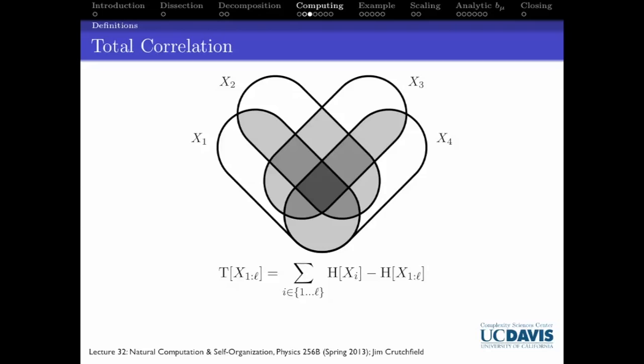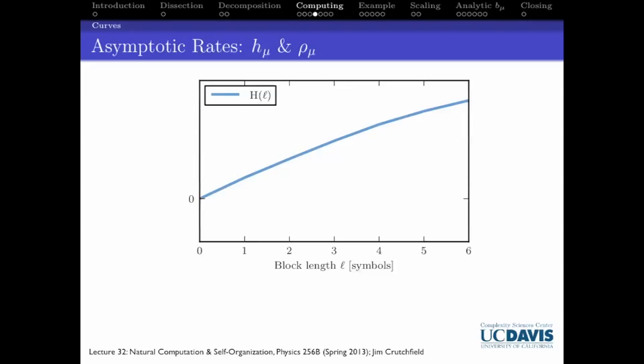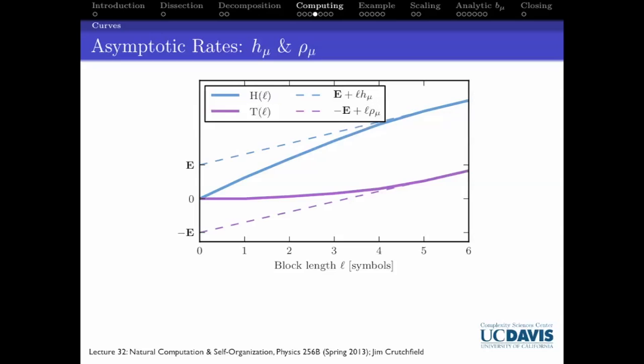Okay, so how do those 2 measures help us get the decomposition we saw earlier? Well, we already know that block entropies, their asymptotic rate goes as E plus L H mu. So we can get H mu by looking at the asymptotic slope of the block entropy curve. Similarly, if we plot the block total correlations, they end up having a slope of rho mu.